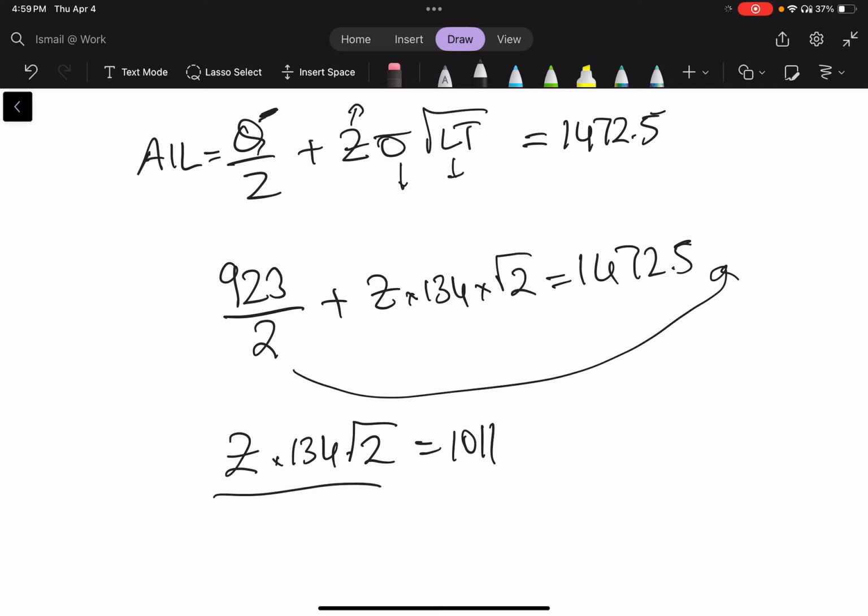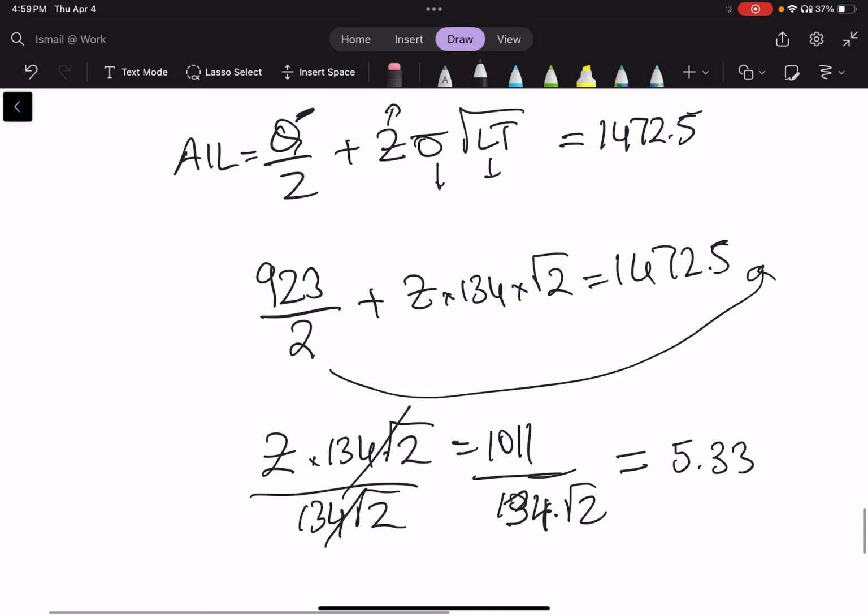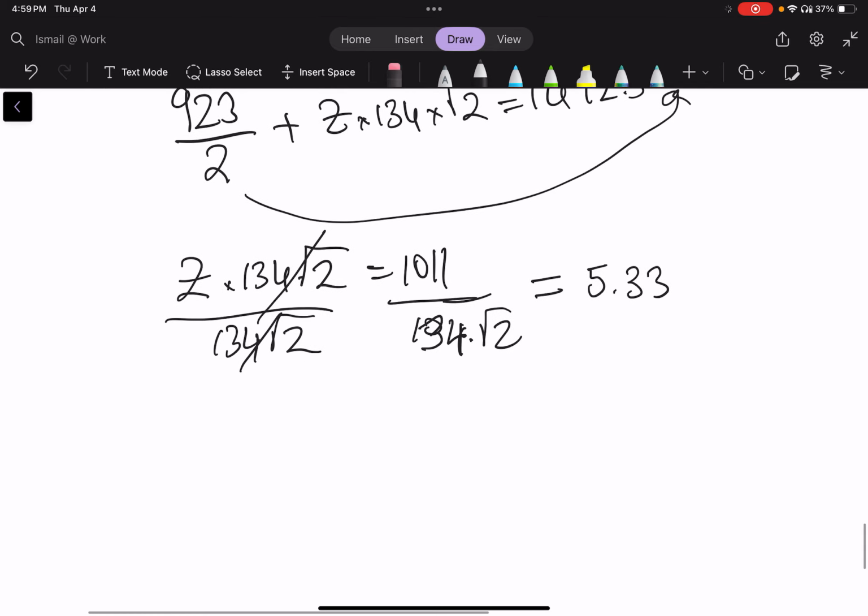And then if I divide both sides by, this is going to cancel each other, and I will end up with a Z value of 5.33, right?